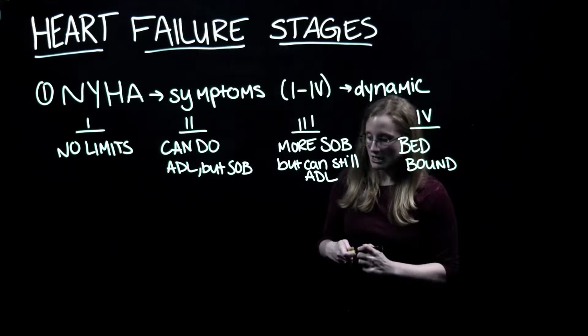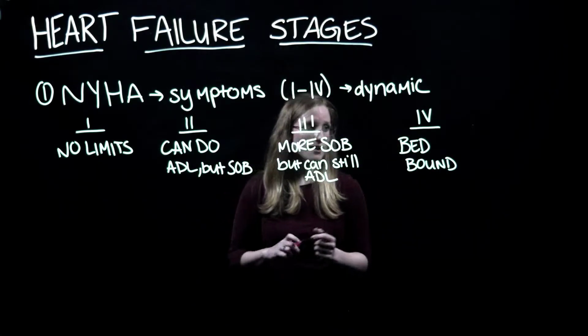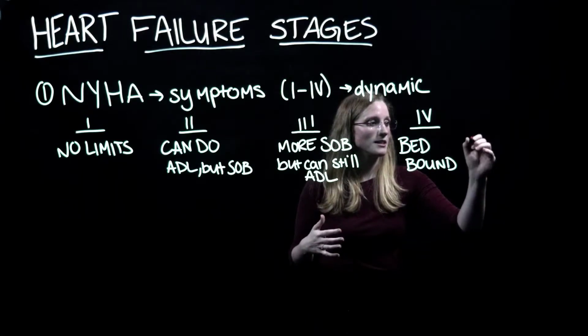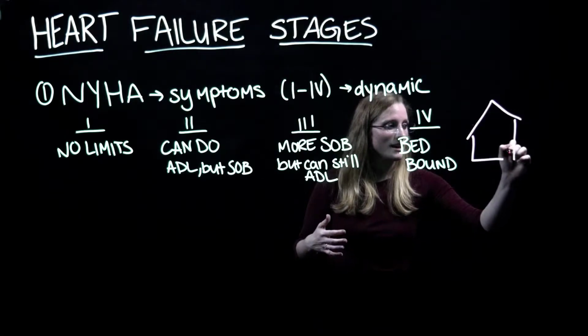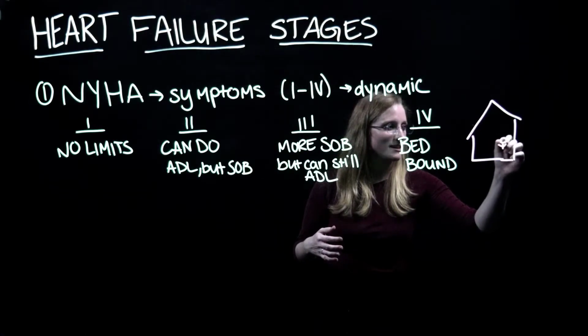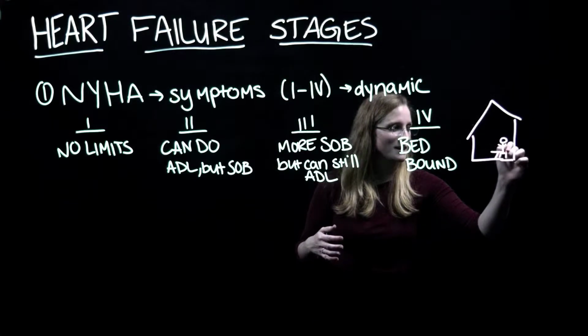So one way I like to remember this as an easy way to do that is if we actually have our little patient here. So our patient that's in the house, and they are basically staying there pretty much bedbound, right? So they've got a little chair here. They can't move.